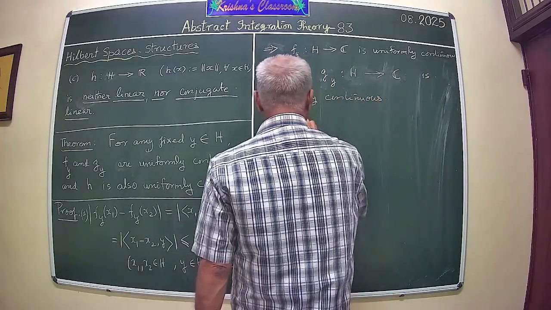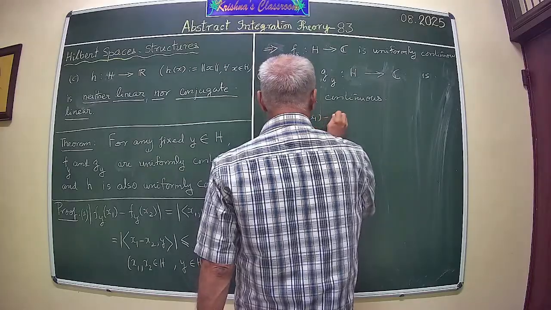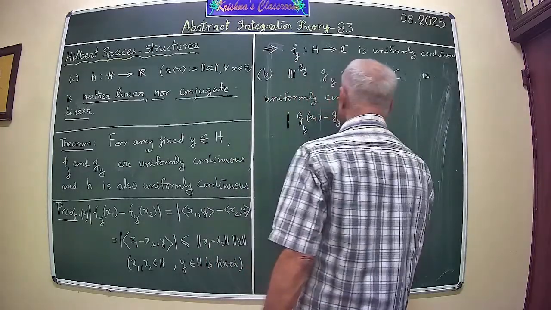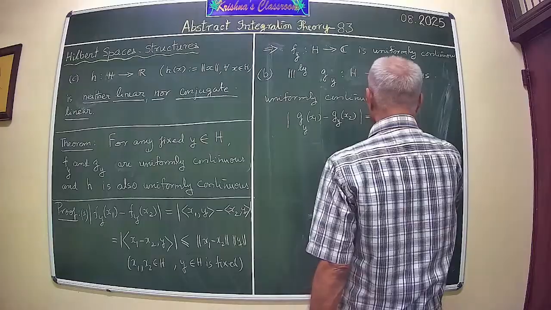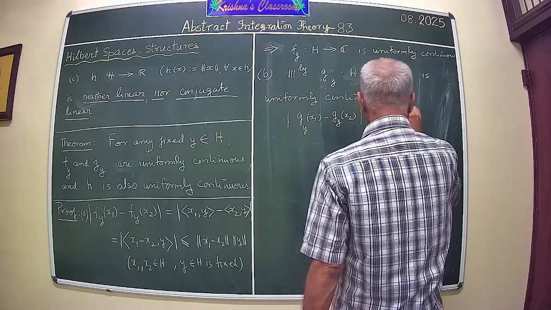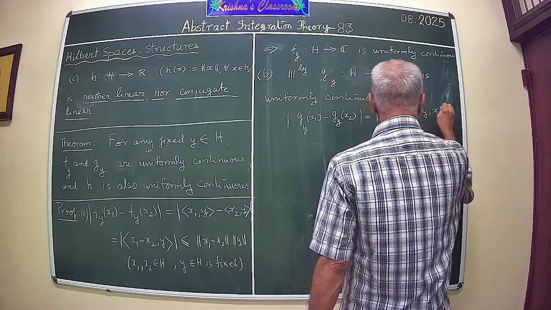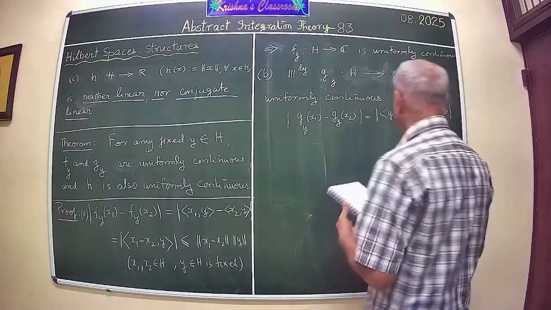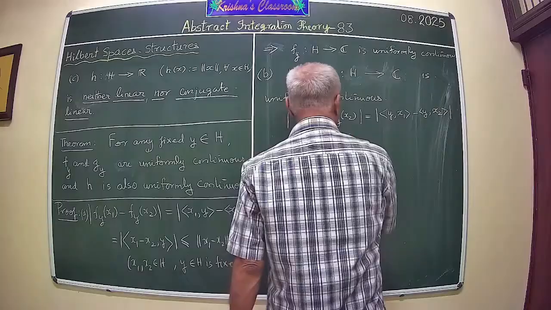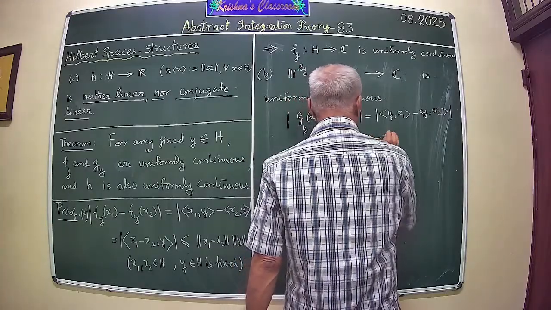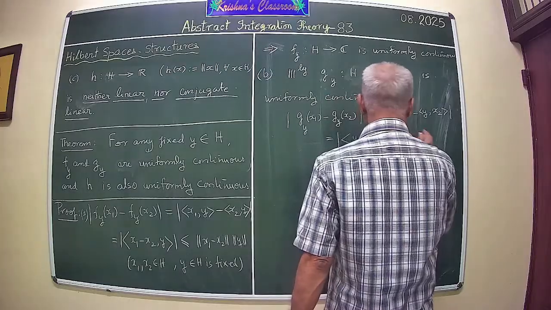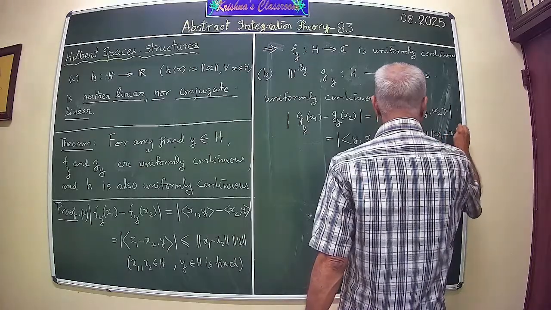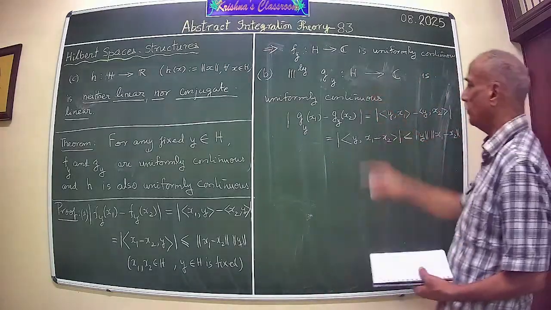This is because Gy of x1 minus Gy of x2 is equal to the inner product of y with x1 minus x2, which is less than or equal to norm of y times norm of x1 minus x2. So from this inequality, likewise, Gy is uniformly continuous.